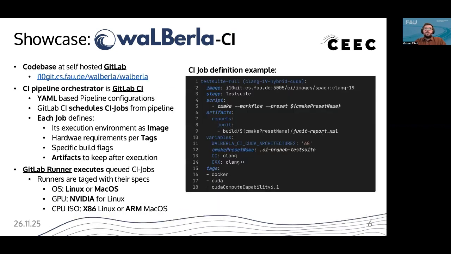So to have a CI, the first thing that you should consider is to host your code base, usually with a revision server. The most known is Git. For Git, you also have different flavors of servers that provide Git. We use GitLab because it's easy there to host your own server, and we host it ourselves.